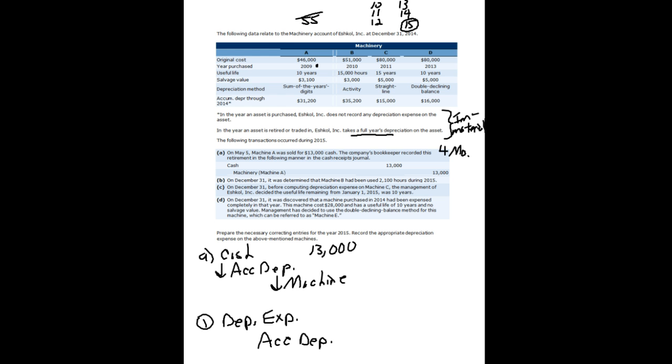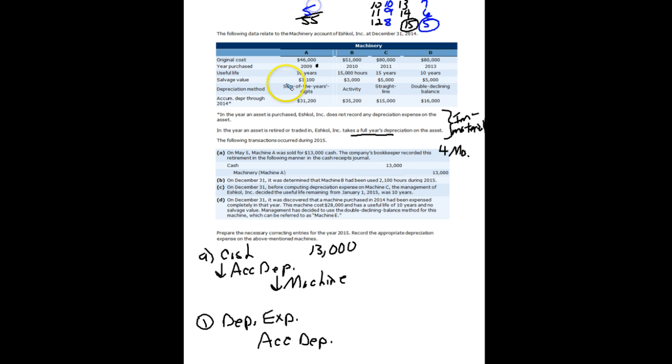So then if we think, well, what would those numerators have been? So the numerator, this is year 1, would have been 10. The numerator year 2 would have been 9. Year 3, 8, 7, 6, and we're ready for 5.